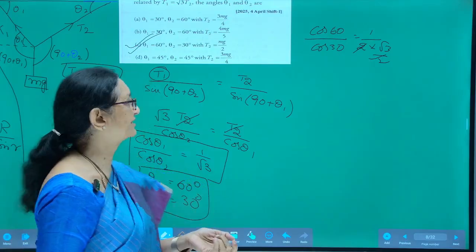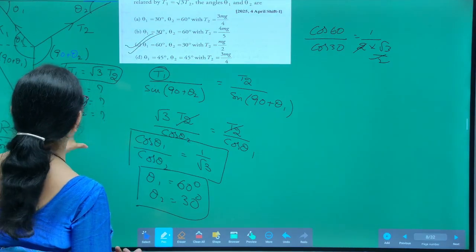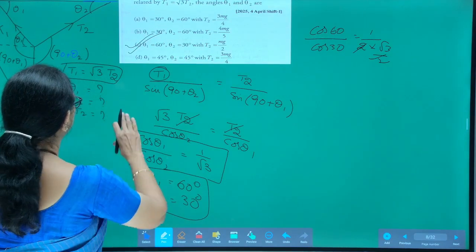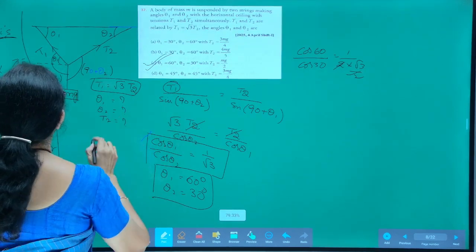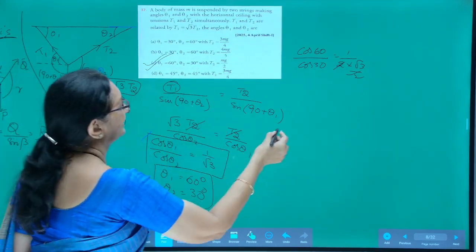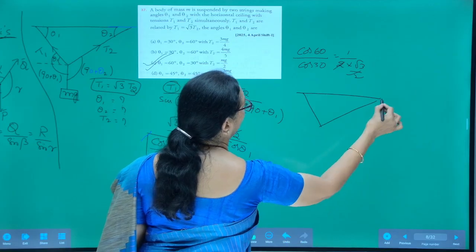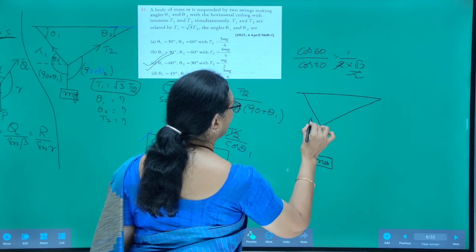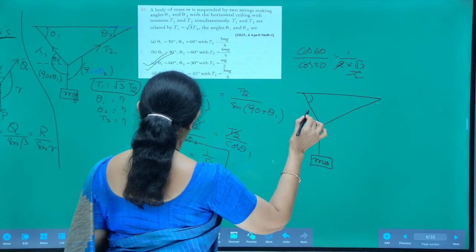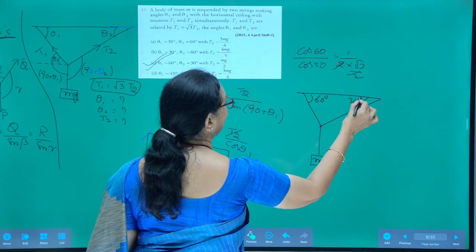But let us try to find out T2 also. From this Lami's theorem, look here. From this diagram, I am redrawing the same thing. This is weight mg, this is theta 1. Theta 1 is 60 degrees now, and this is 30 degrees now.